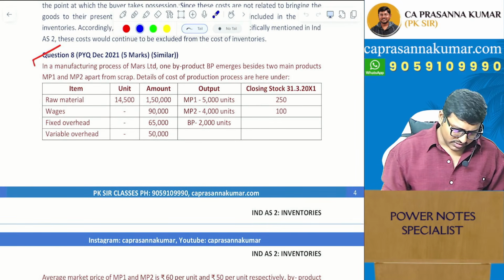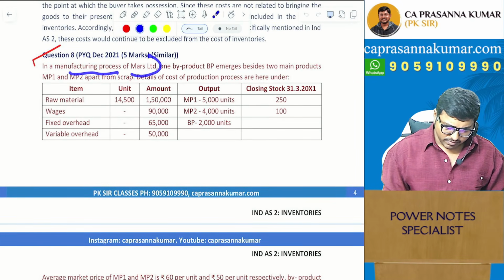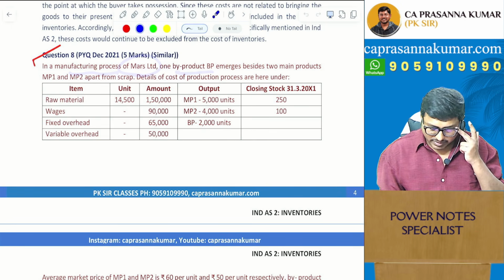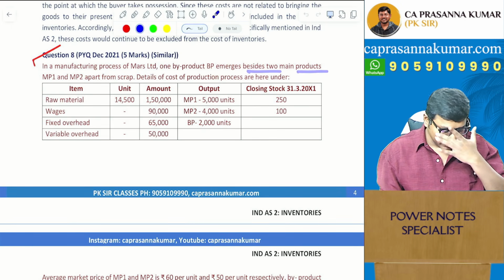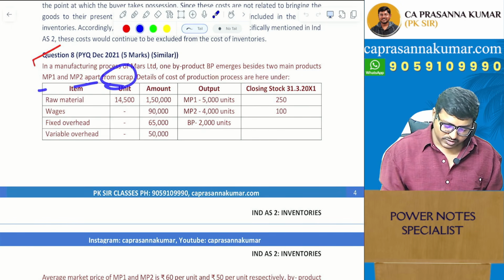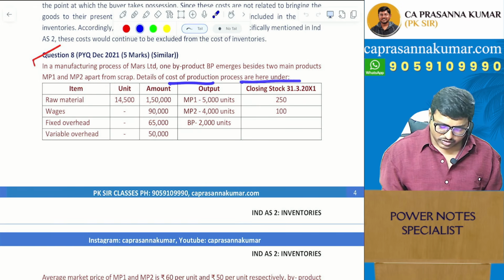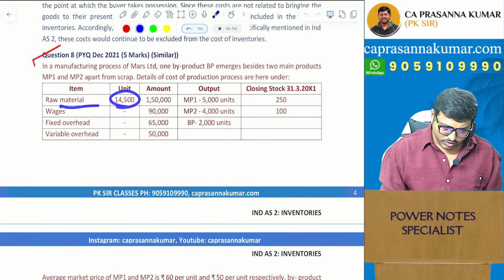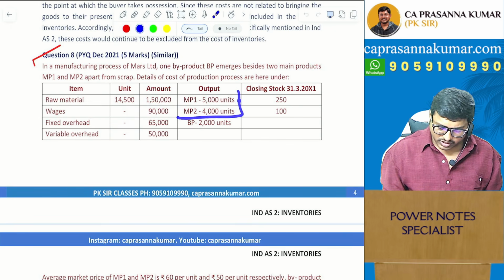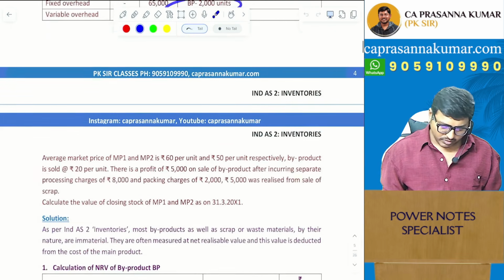It has come for 5 marks. In a manufacturing process of Mars Limited, one byproduct BP emerges besides two main products MP1 and MP2, apart from scrap. Details of cost of production process are hereunder. You've got raw material units and amount given, wages, fixed overhead, variable overhead. Two joint products MP1 and MP2 output is given, and closing stock is also given. BP is the byproduct.